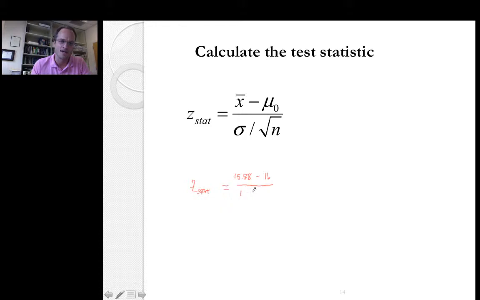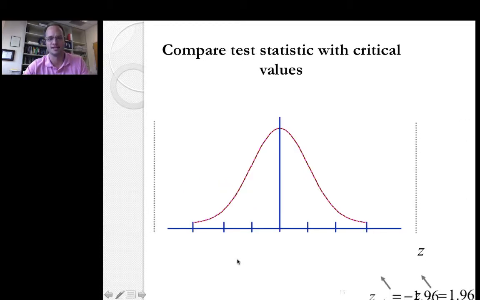We have 1 standard deviation, 1 ounce, divided by the square root of my 12 pints. Okay? And I'm getting negative 0.416. All right, so negative 0.416.